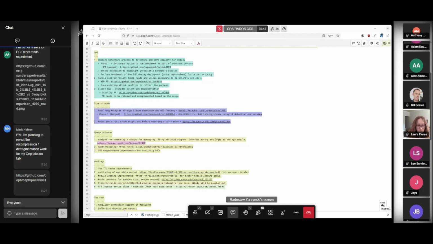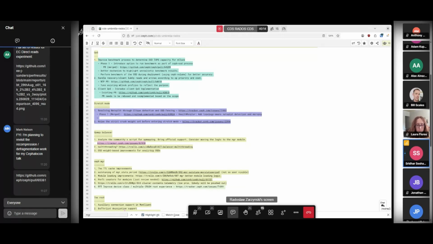Yes. Okay. So for QoS, there are a few improvements that we have planned. The first item basically talks about improving the benchmark process that is currently done when the OSD is being added to the cluster.